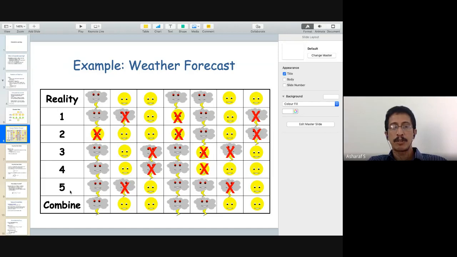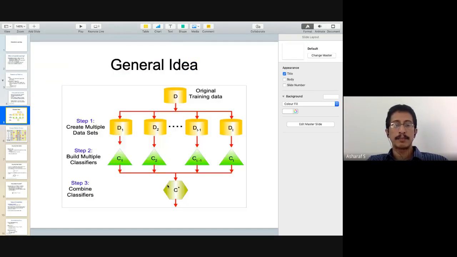And our combination operator is majority voting. So let's look at it. The first classifier says this is a cloudy day, and so do the third, fourth, and fifth. Only the second classifier says this is a sunny day, which means that among the 5 classifiers, the cloudy decision takes the majority.